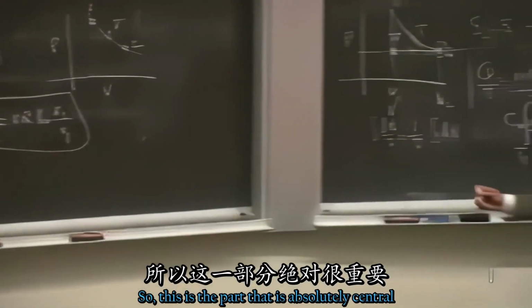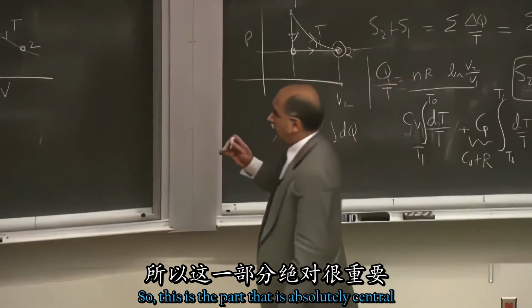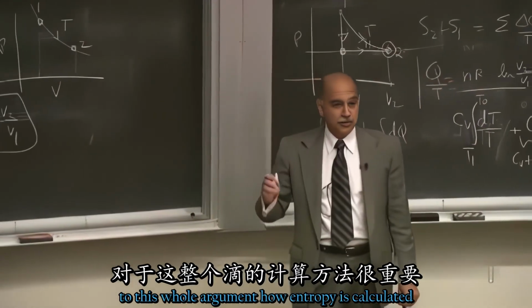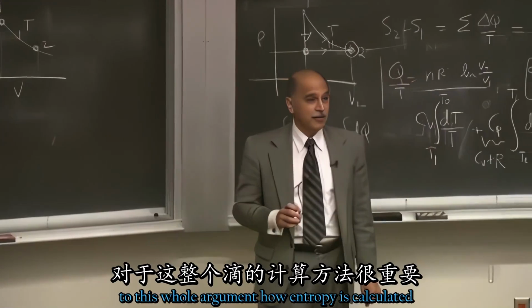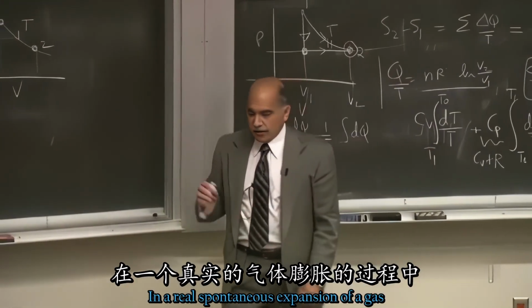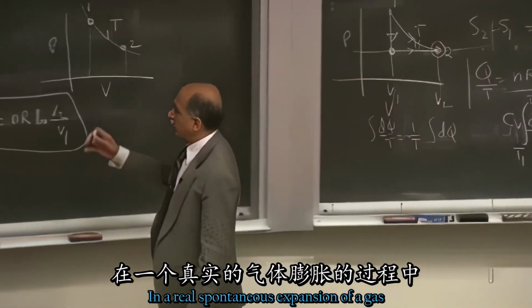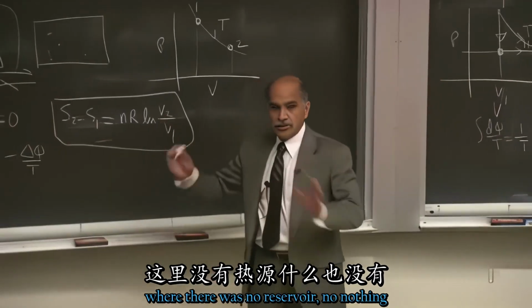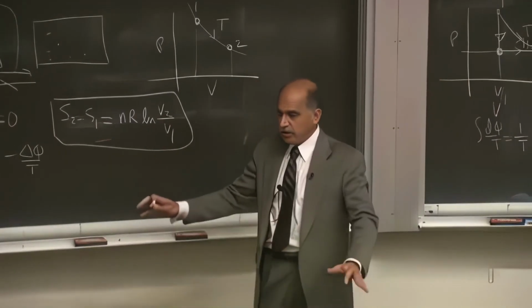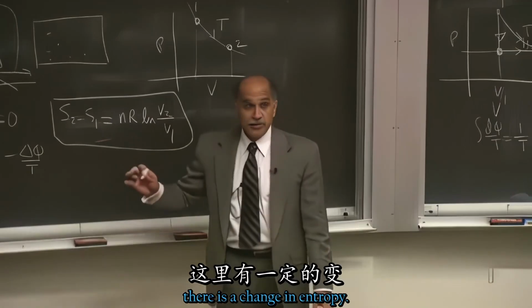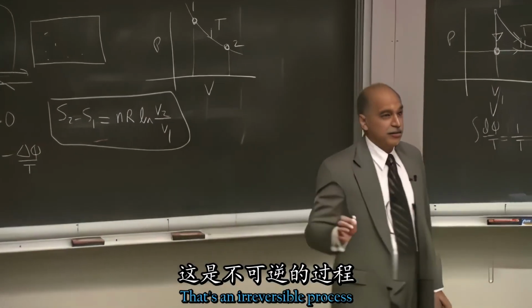This is the part that's absolutely central to this whole argument, how entropy is calculated. In a real spontaneous expansion of a gas, where there was no reservoir, no nothing, you just broke the partition and expanded, there is a change in entropy. That's an irreversible process.